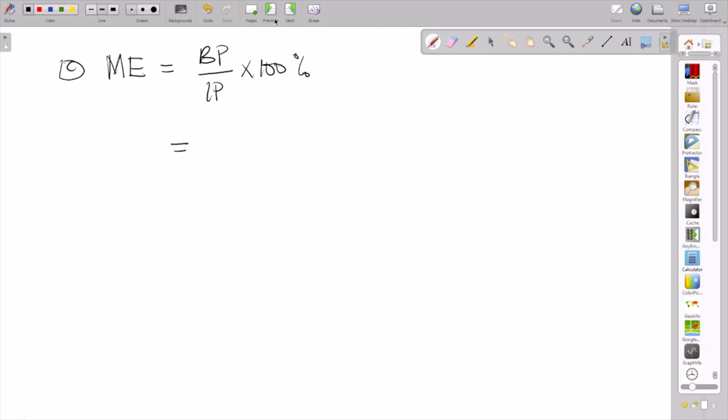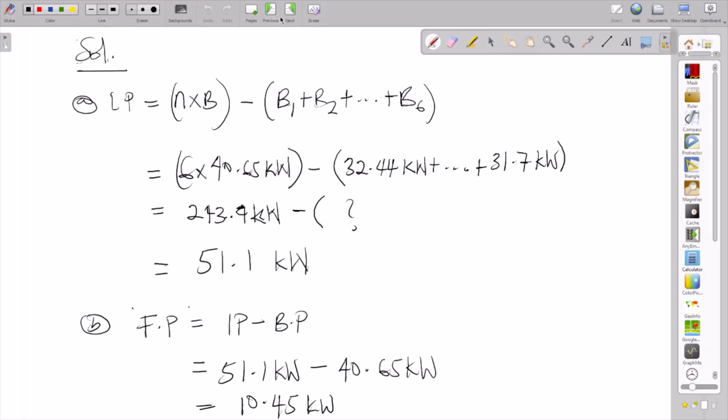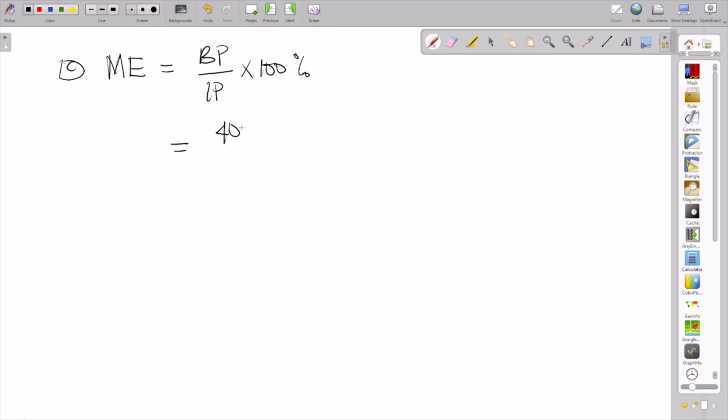So the brake power was 40.65 kilowatts. The indicated power was 51.1 kilowatts. When you multiply that by 100, let's calculate that.